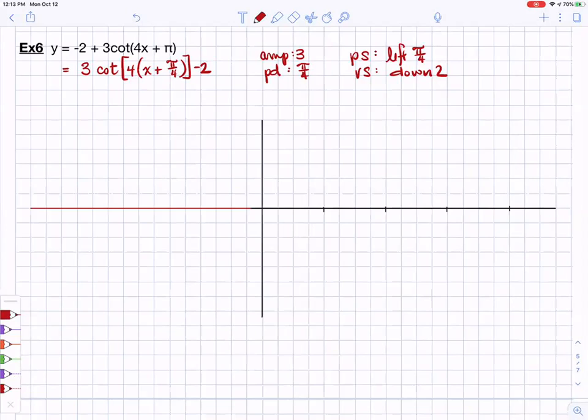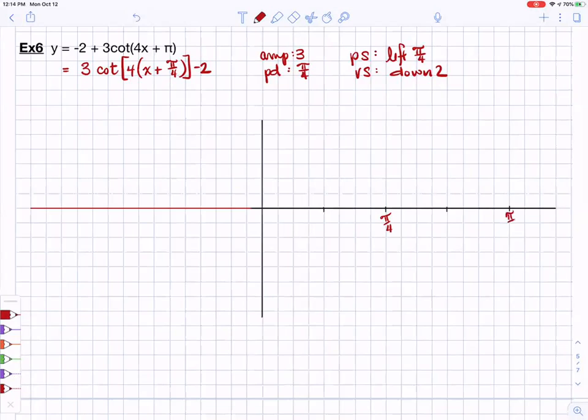How many periods will I be drawing for this, even though there's not a specific set of instructions? Yeah, it's a cotangent, so we're going to be drawing 2 full periods. Okay, so let's get our 5 magic first. Since we're drawing 2 full periods, the ending of my first period is going to be at pi over 4. So where will the ending of my second period be?